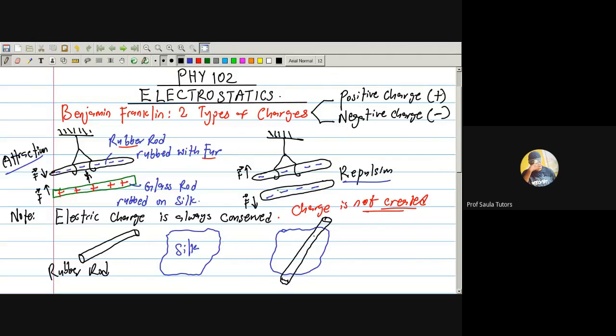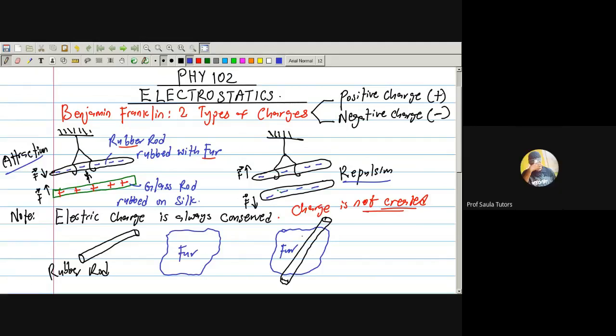I was going to say silk, but I mean fur, please. Not silk, I mean fur. Are we together? This is fur. So when you rub both of them together, what happens? You observe that the rubber rod acquires negative charge from the fur.